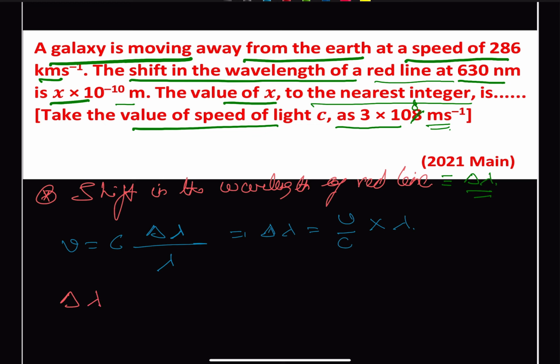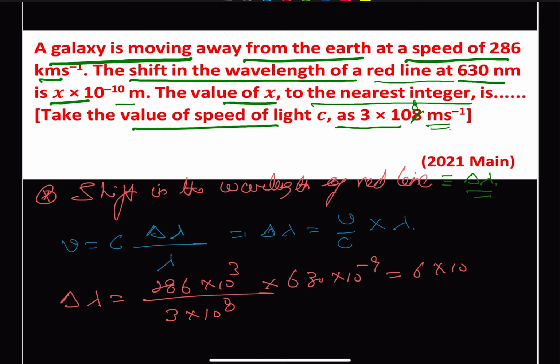We get delta lambda is equal to 286 into 10 to the power 3 meter, over speed of light 3 into 10 to the power 8, times lambda, which is 630 into 10 to the power minus 9. So this gives us 6 into 10 to the power minus 10 meters, and we find out the value of x.